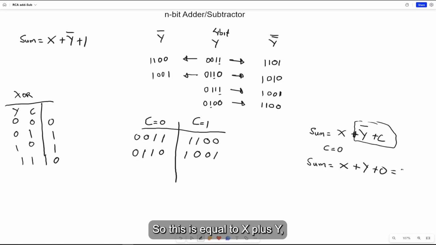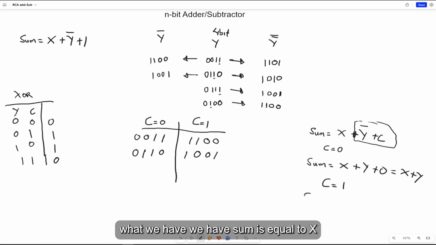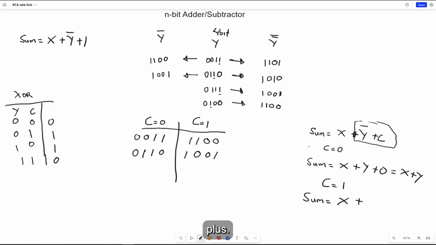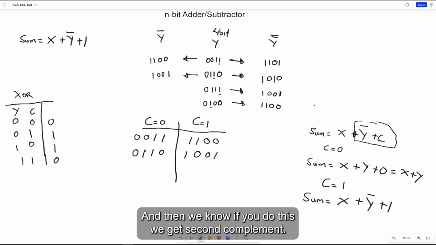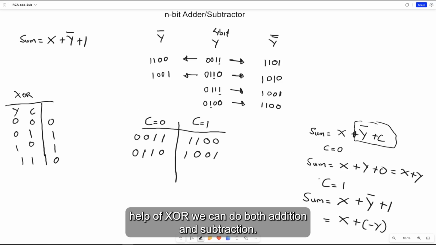So this is equal to x plus y. But if C is equal to 1, sum is equal to x plus, when C is equal to 1, first complement plus 1. And then we know if you do this, we get second complement. Then we will have x plus minus y. So with the help of XOR, we can do both addition and subtraction.